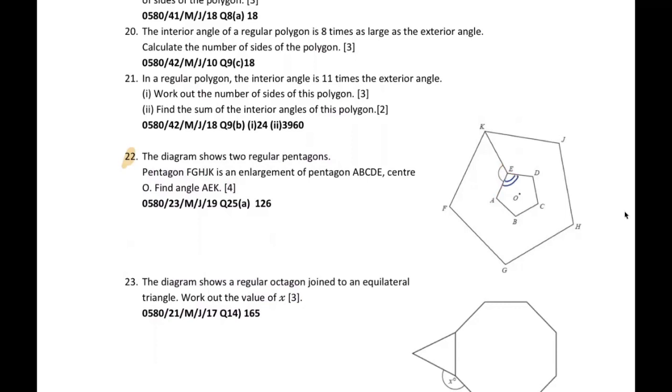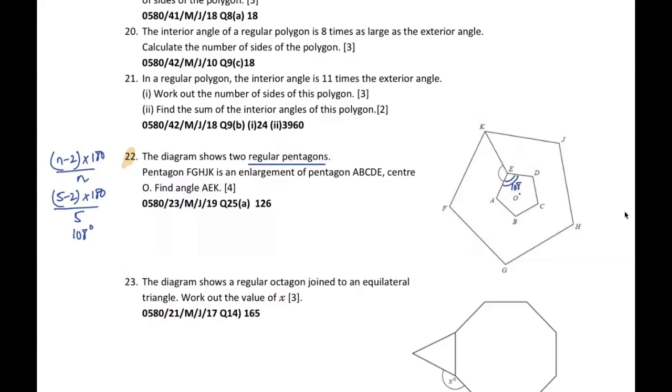Each interior angle of a pentagon is calculated by n minus 2 times 180 upon n. The n value is 5. So 3 times 180 divided by 5 is going to be 108, which means this angle is 108.